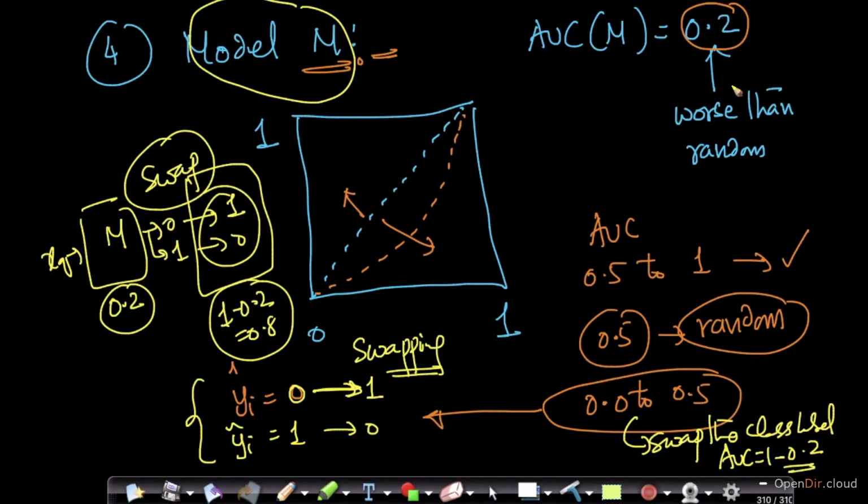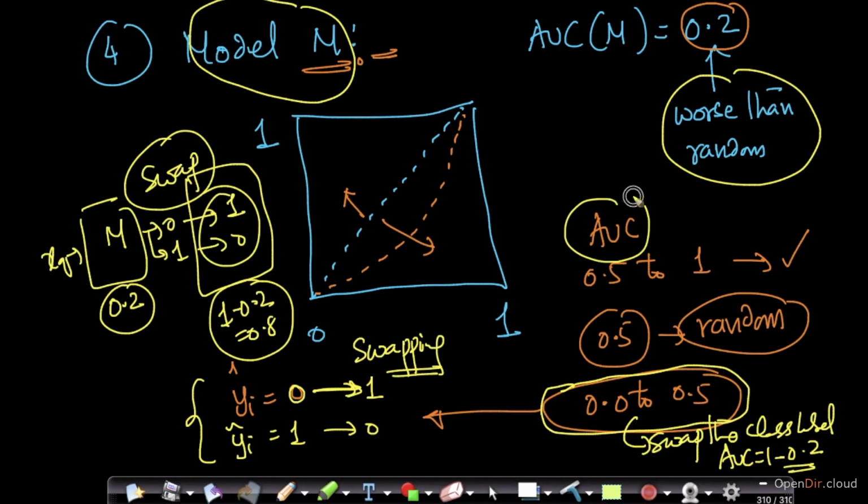So this happens sometimes, especially when you've made some mistake in your modeling. So whenever you see a value between 0 and 0.5, by just swapping these class labels, you can get a good model. Whenever you see anybody reporting an AUC less than 0.5, it means something is wrong in the modeling. Just swap the class labels and you'll get a value which is greater than 0.5. 0.5 basically means random. Anywhere between 0.5 to 1 means it is good.